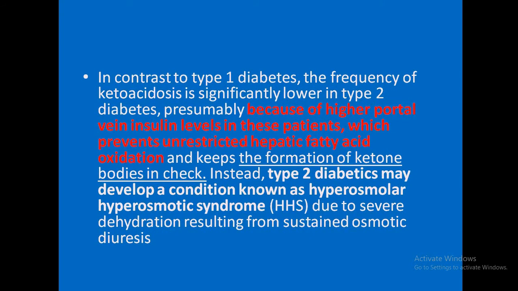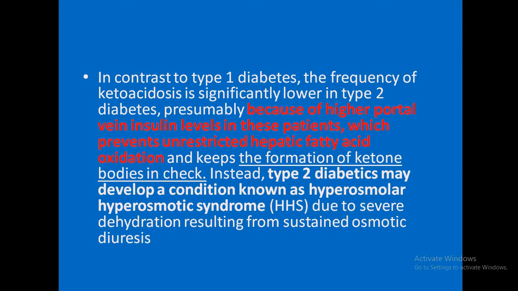In contrast to type 1 diabetes, the frequency of ketoacidosis is significantly lower in type 2 because of the higher portal vein insulin levels. This prevents unrestricted hepatic fatty acid oxidation, and keeps the formation of ketone bodies in check. But type 2 diabetes may develop a condition known as HHS due to severe dehydration resulting from sustained osmotic diuresis.